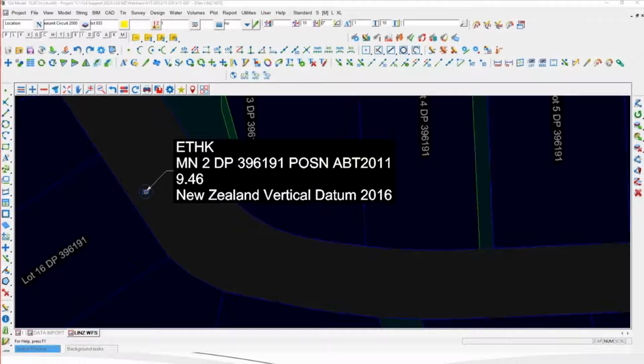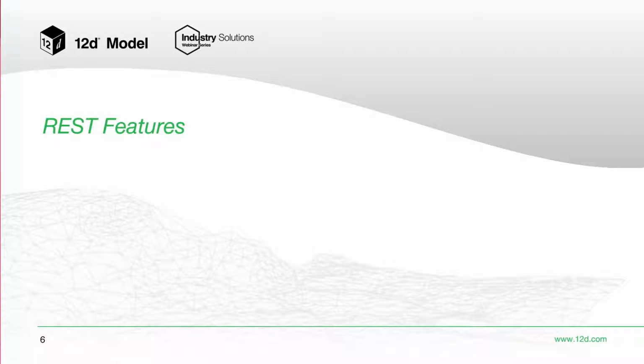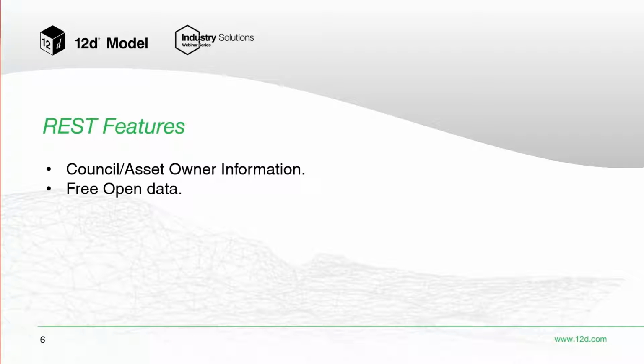If I go back into PowerPoint, we've got the ability to read in REST features, which it's generally council's three waters or other asset information that your council provides. It's free open source data.